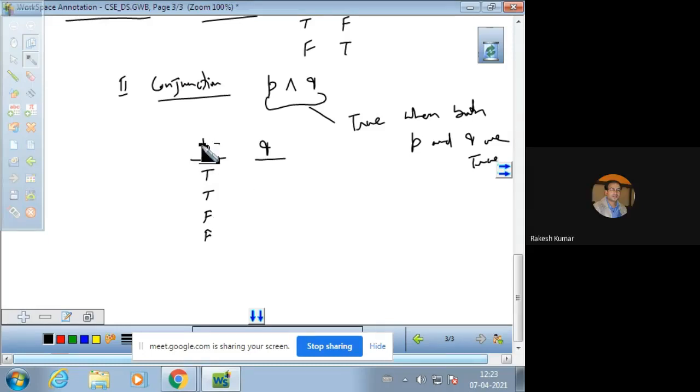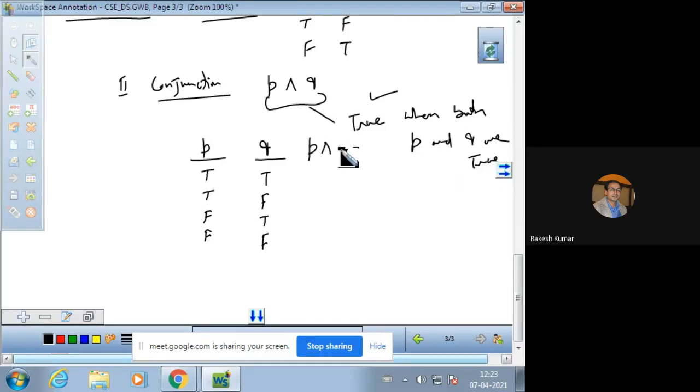These are the values I am taking under P: true, true, false, false. And under Q, I am taking true, false, true, false. These are the values I am assuming under P and Q. P is a preposition, Q is a preposition. We have already studied what conjunction means. It will give us a true value when both P and Q are true.